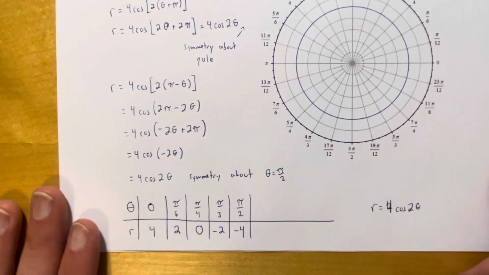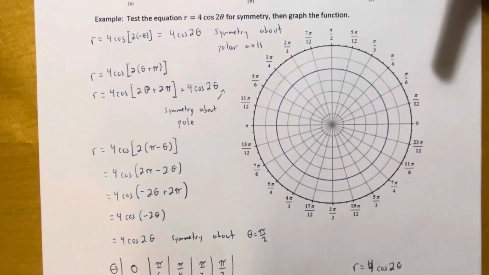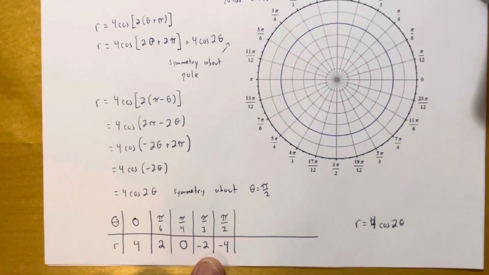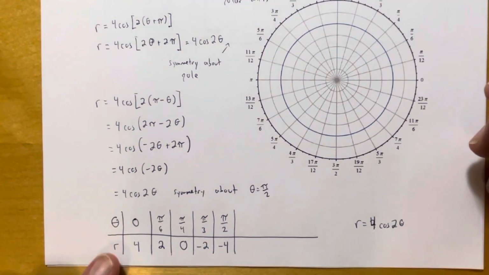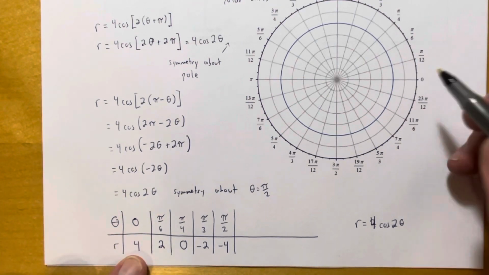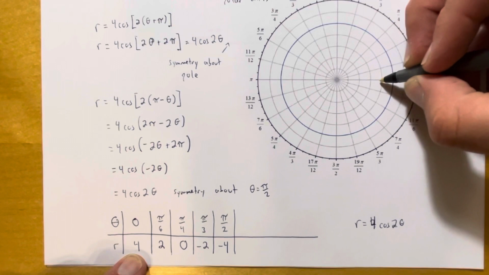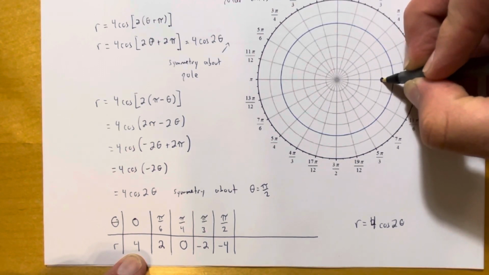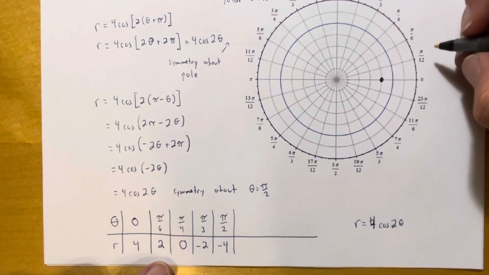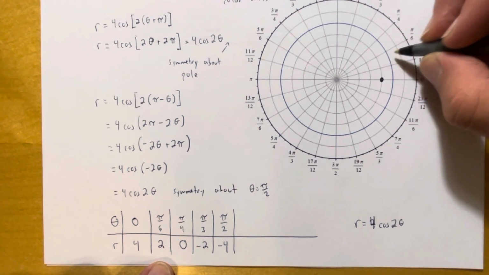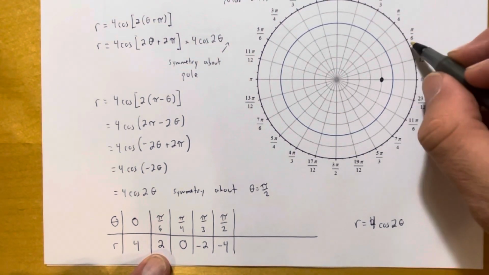All right, now let's take a look at how to graph these values in our polar grid. So first of all, when theta equals 0, which puts me on the polar axis, r is equal to 4. So 1, 2, 3, 4. I have a point right there. Pi over 6, which is here, I get r equals 2.